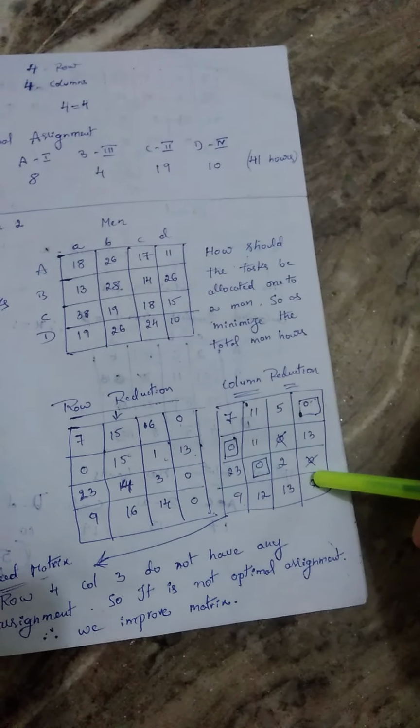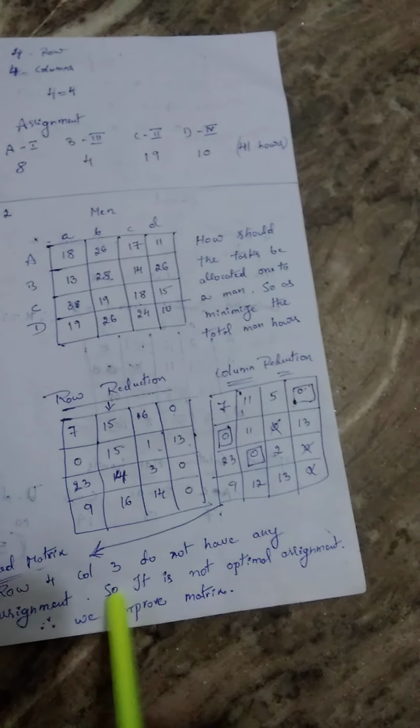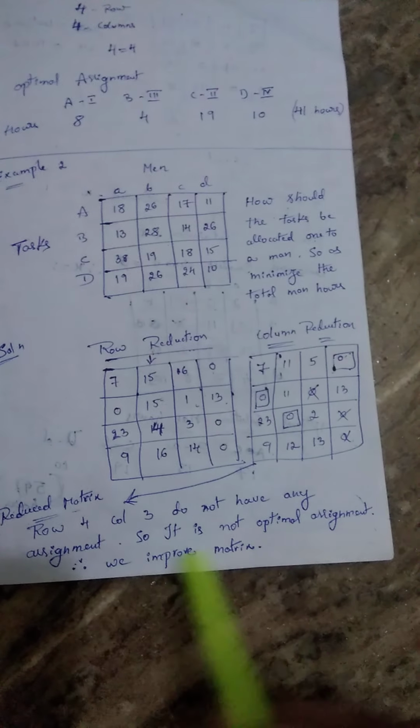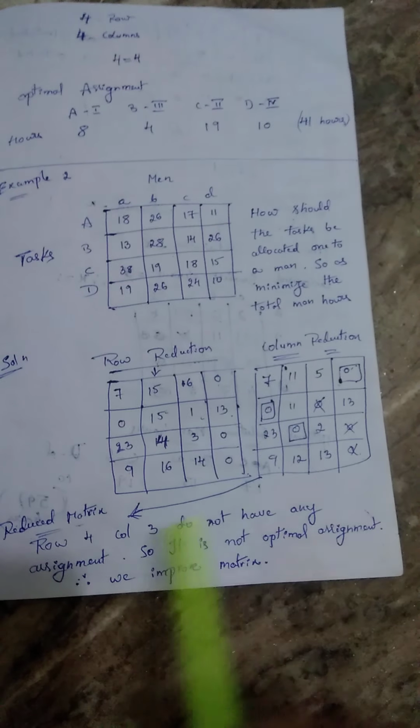Therefore, the fourth row does not have any assignment, so it is not an optimal assignment. We improve the matrix.